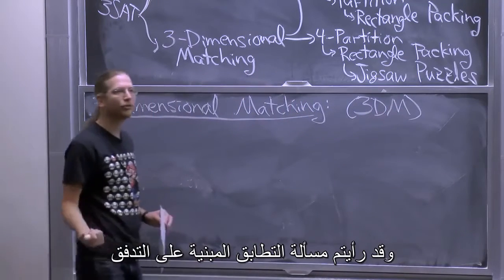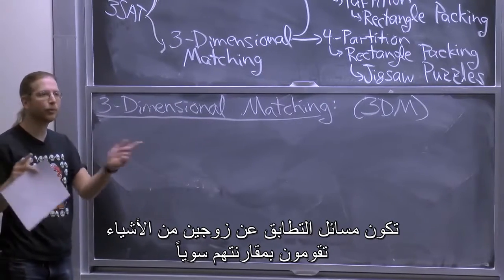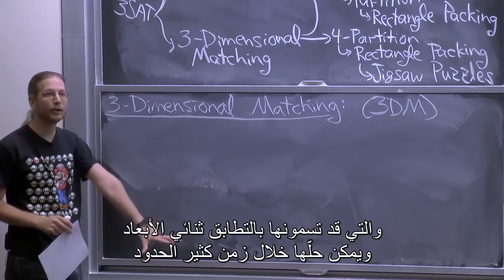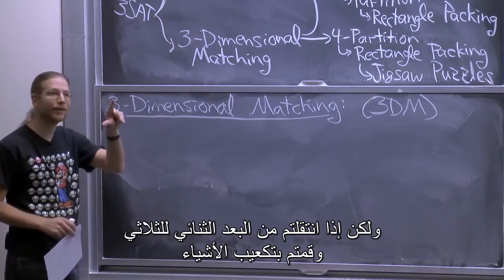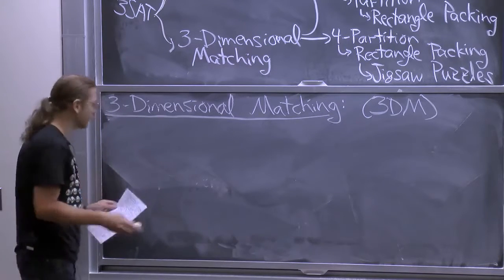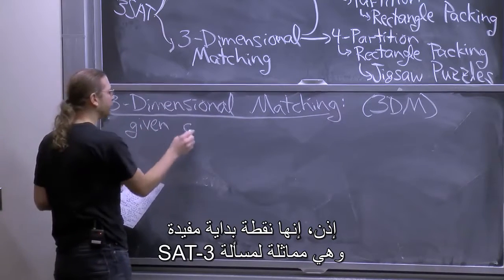And you've seen matching problems based on flow. Matching problems are usually about pairs of things. You're pairing them up, which you might call two-dimensional matching. That can be solved in polynomial time. But if you change 2 to 3 and you're tripling things up, then suddenly the problem becomes NP-complete. So it's a useful starting point, similar to 3-SAT.